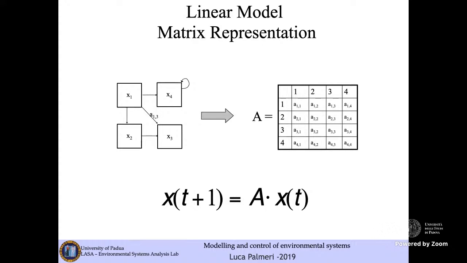Let's switch immediately to a first representation of linear models. We have said that we might mostly try to build a linear representation of my ecological or environmental system. We may say, for example, that my environmental system is described by a state vector constituted by 4 elements, x1, x2, x3, and x4.